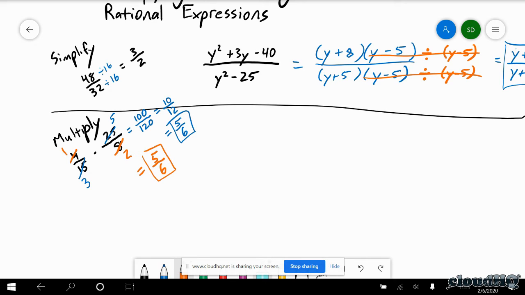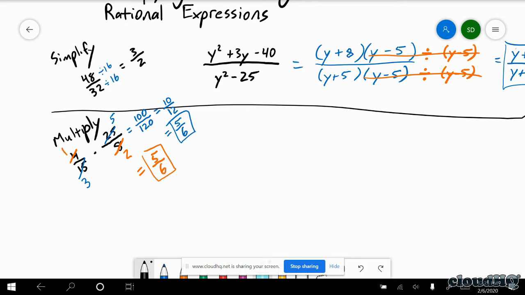But as we get into today's section, sometimes I think it's advantageous to simplify first. Sometimes I think that's a little bit easier. So what might this type of problem look like in today's section?